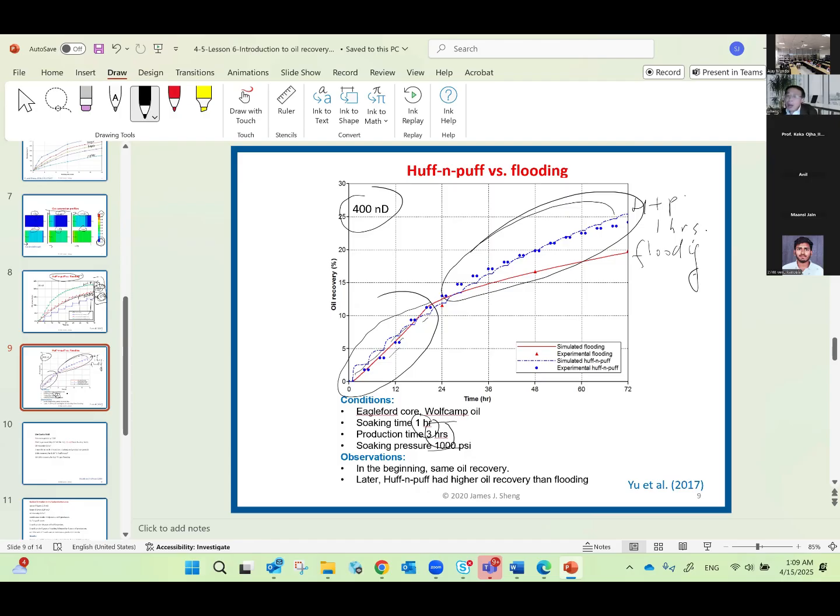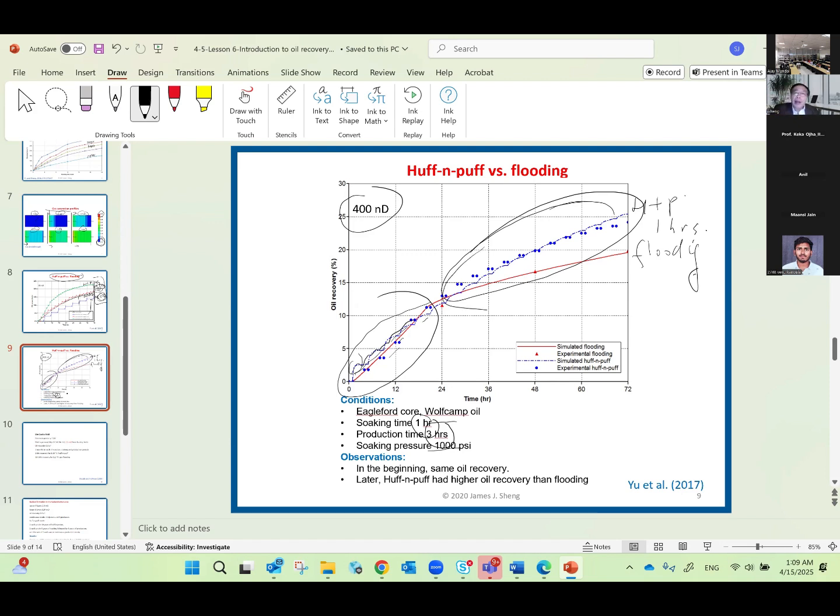For the Huff-n-Puff, you can quickly produce oil. Why? Because you have a short soak period of time, and then you immediately produce. So that is the early time. So therefore, produced oil is close to flooding.